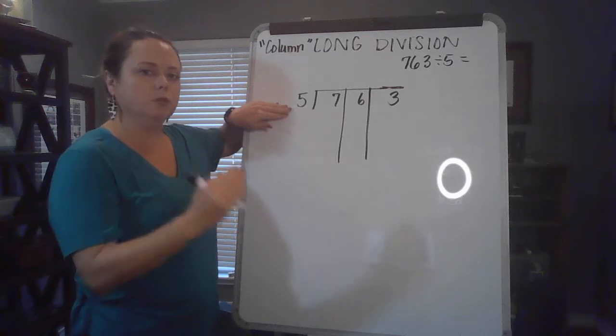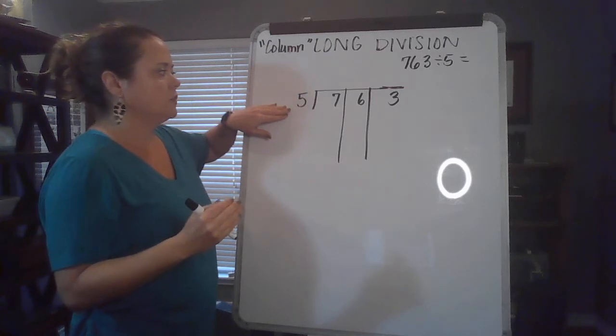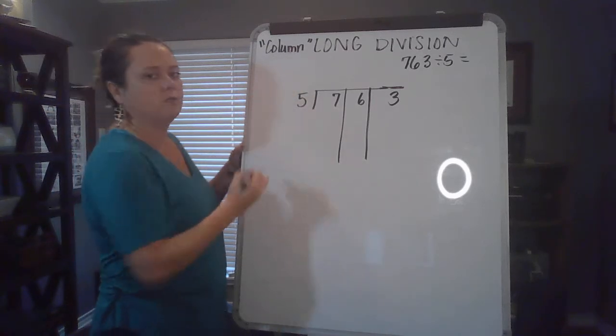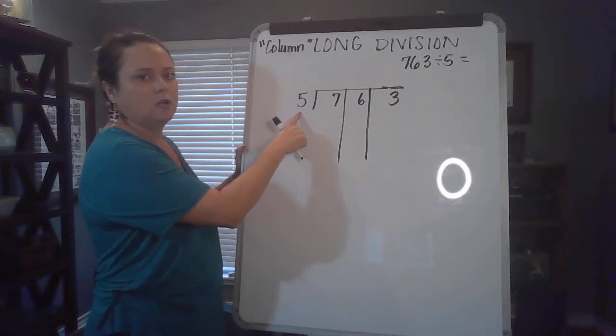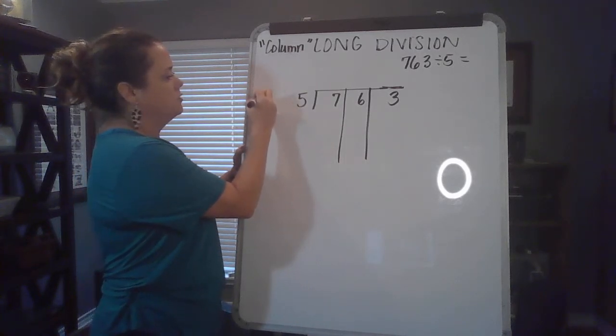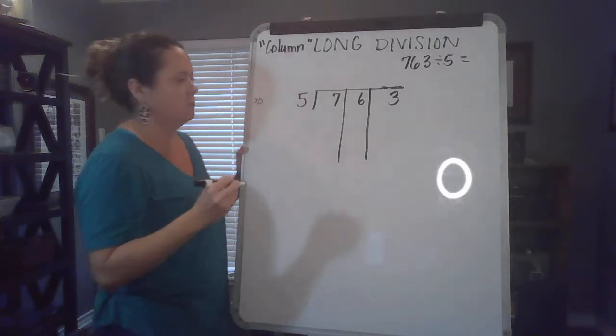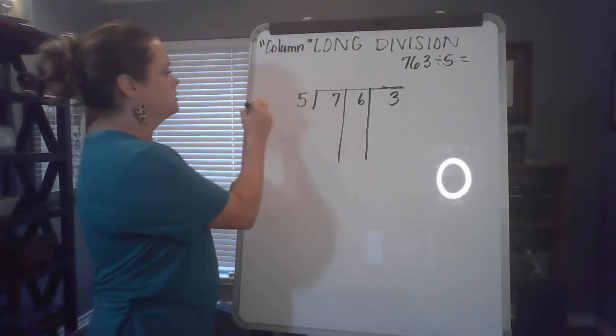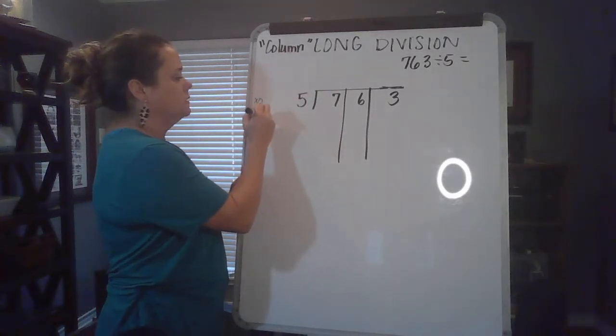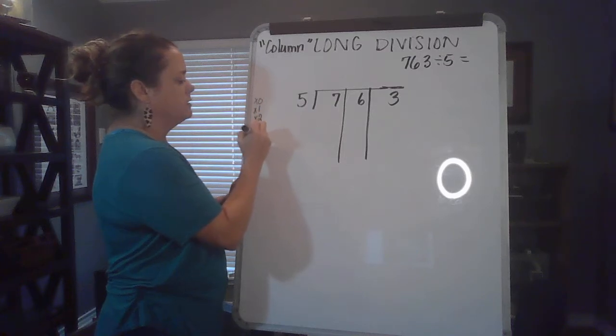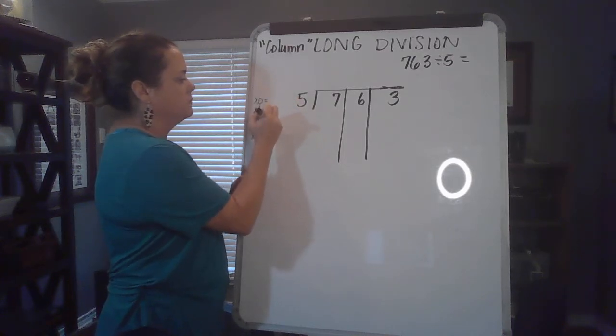I'm using a pretty familiar factor here, so I would have the kids write out the multiples of their divisor on the side, okay? So we're always going to start with times 0 because we do multiply by 0 sometimes, okay? Times 1, times 2, times 3, and so on.